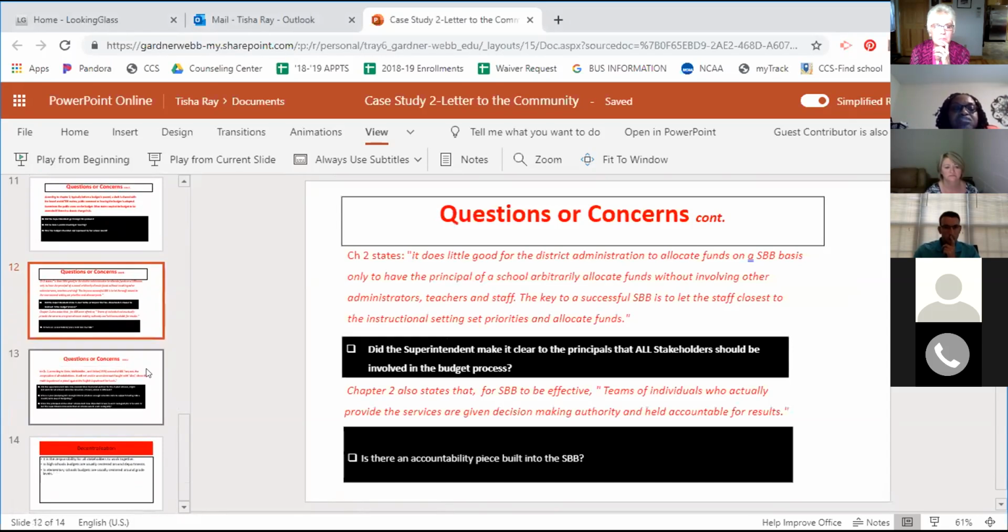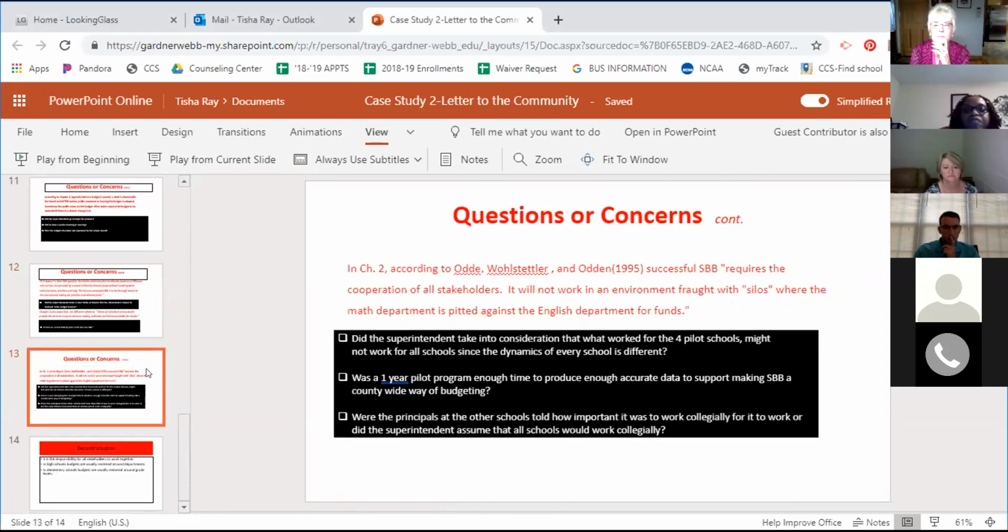And the last question of concerns we had was, according to Chapter 2, a successful SBB requires the cooperation of all stakeholders. It will not work in an environment fraught with silos where the math department is pitted against the English department for funds. Questions were, did the superintendent take into consideration that what worked for the 4 pilot schools might not work for all schools, since the dynamics of every school is different?